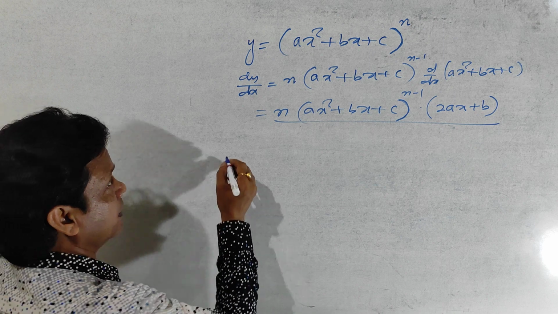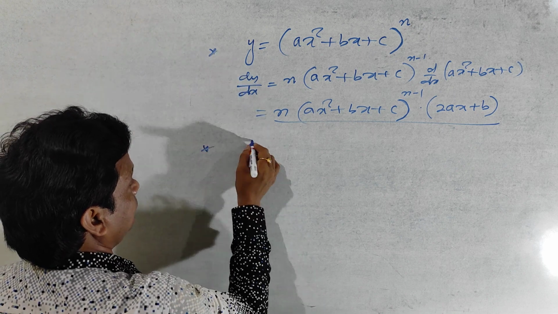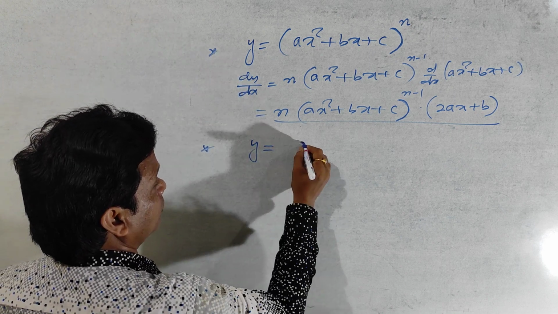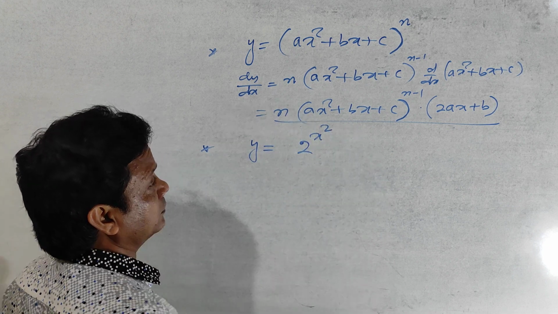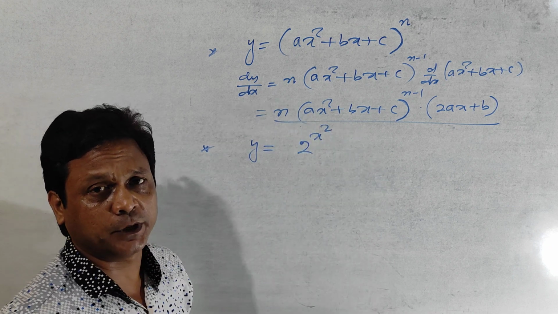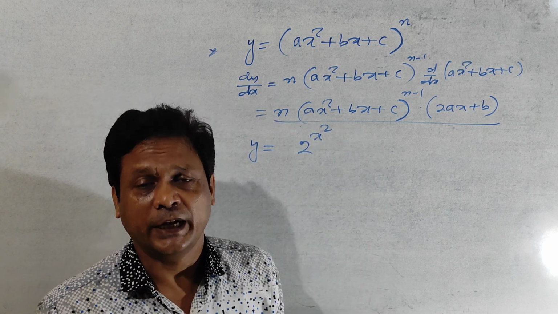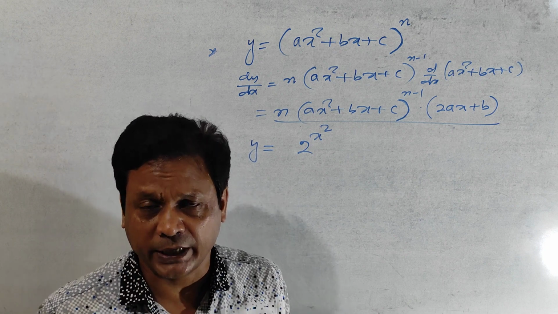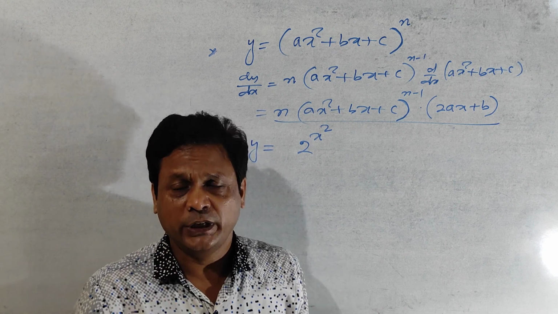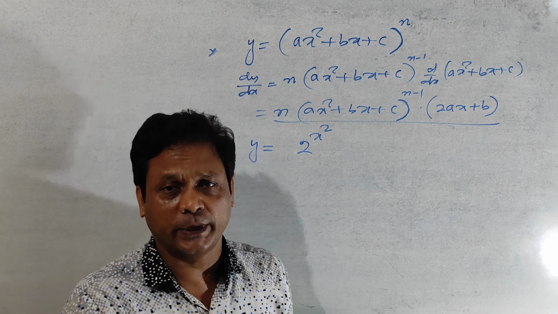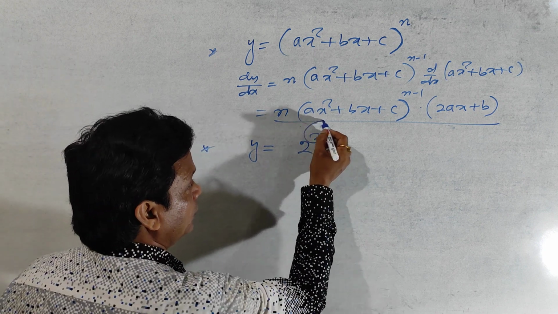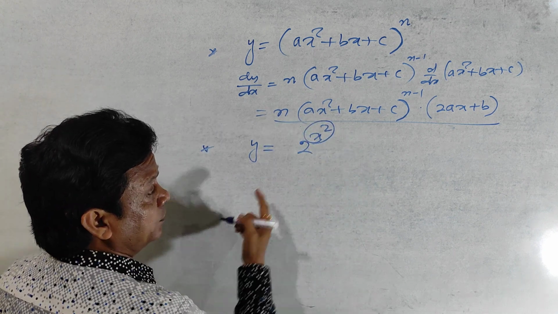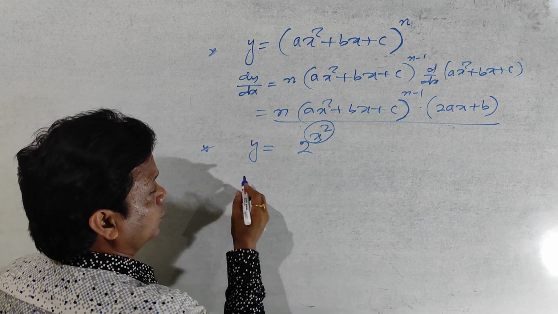Here, see here, another example I am giving you. If y is equal to 2 to the power x square, it is in the form of a to the power u, and the derivative of a to the power u is a to the power u into ln a into du by dx. So here u is x square and a is 2.